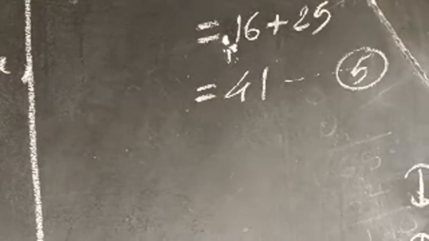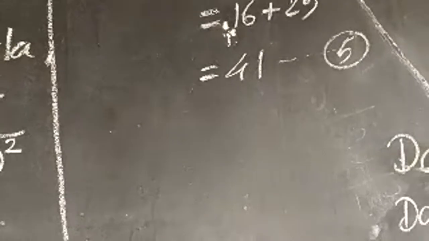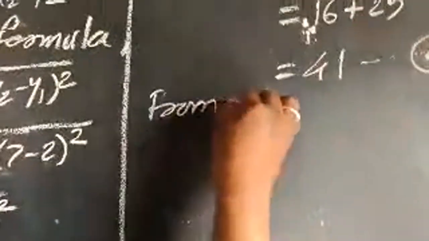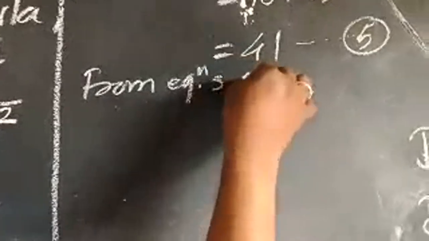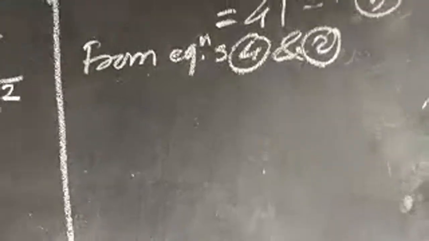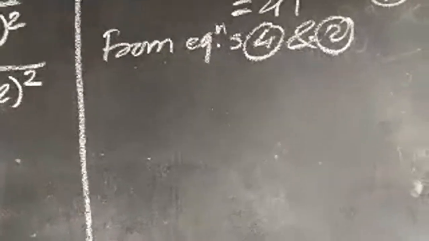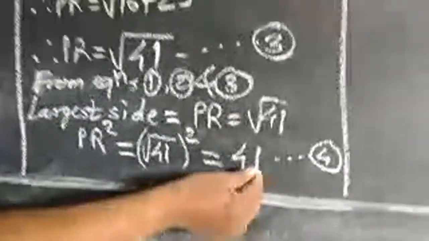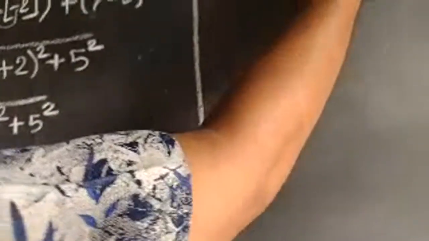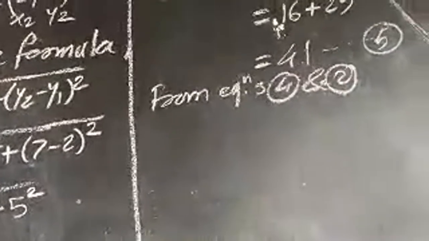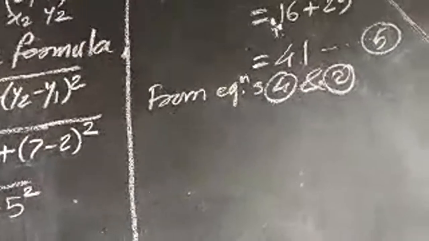From equations 4 and 5, PR square is equal to 41 on the right side of equation 4, and 41 in equation 5. Means the right side is similar, therefore the left side is similar.